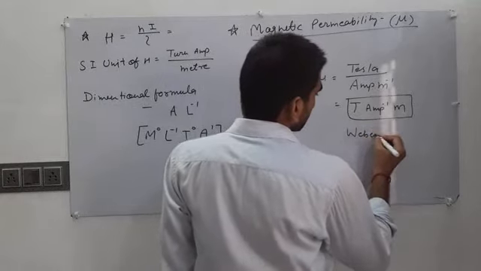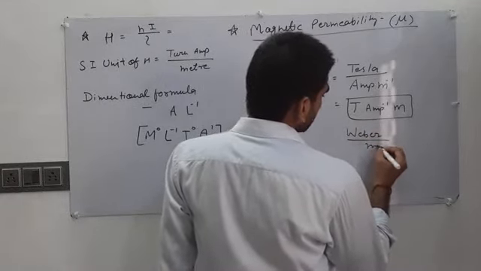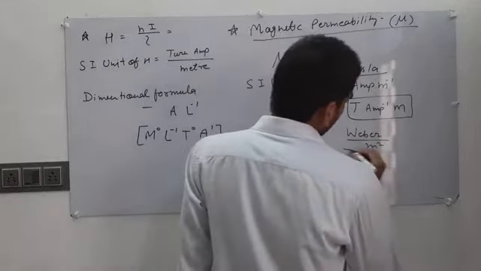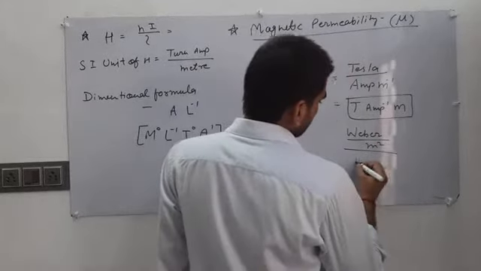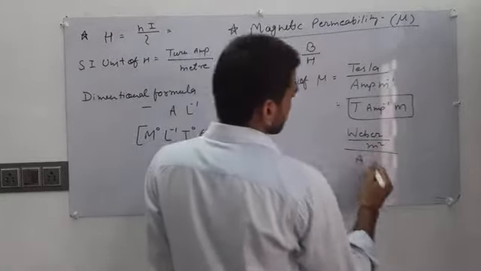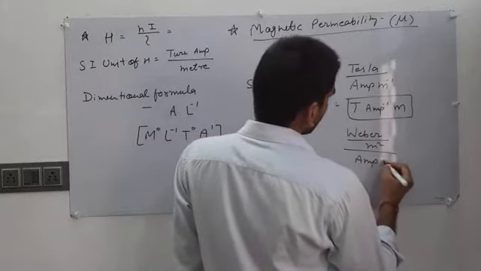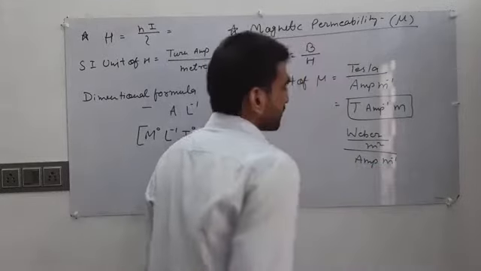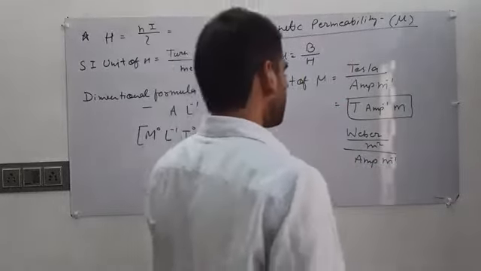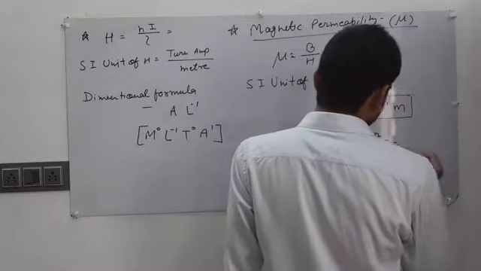Weber per meter square. Now the unit of H is ampere meter minus 1. Then what happened?